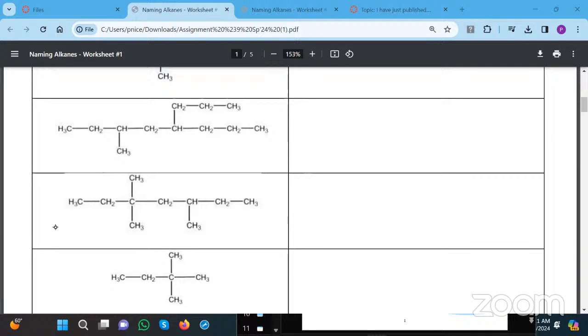I want to hear what you got for this one right here. 3-methyl-5-propyloctane. Okay, that's correct. Just making sure that you're on the right track.